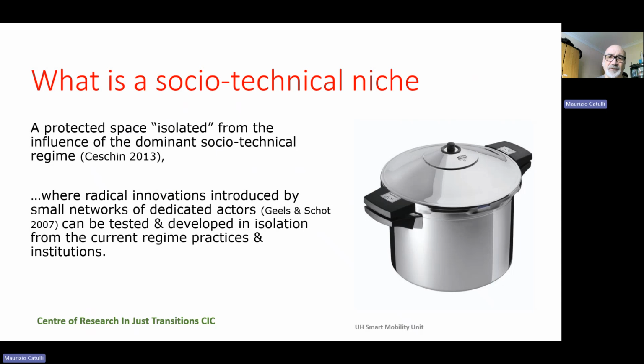So, for example, you could work with the Ellen MacArthur Foundation or other organizations that are into the circular economy. And all these organizations create a sort of network. This network operates on a small scale in something which is a living lab or a socio-technical niche. And as we say, this is a protected place.